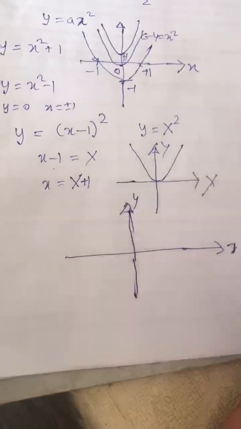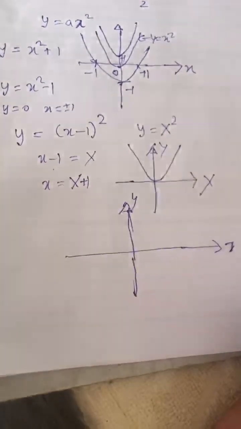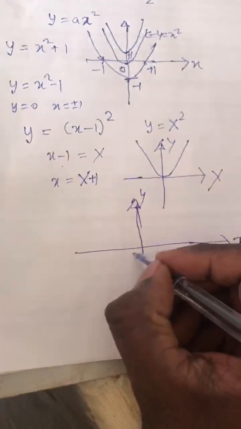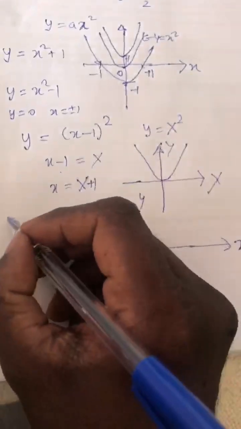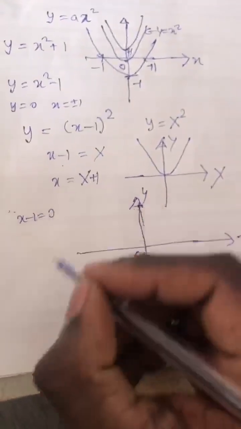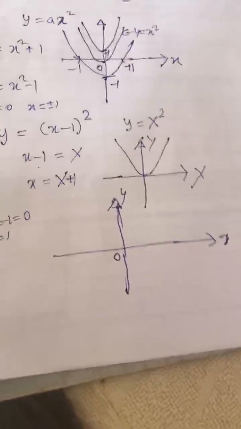So that means the x value 0 must be here, but actually simple x minus 1 equals 0, x equals 1, right?